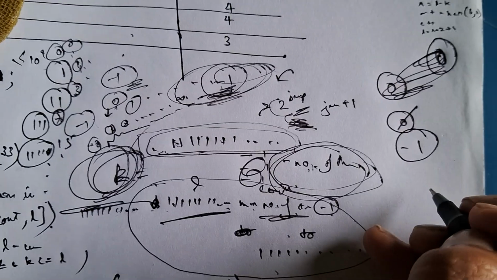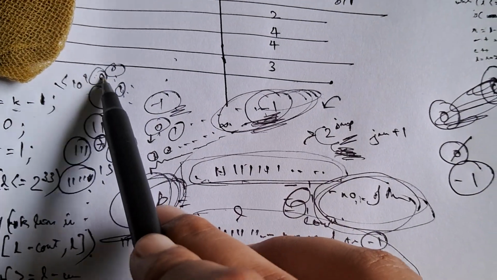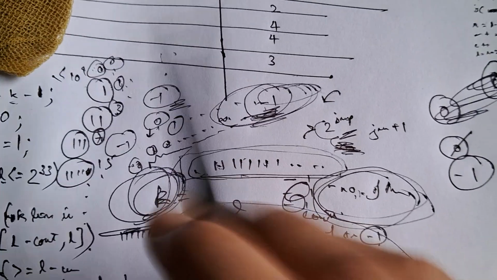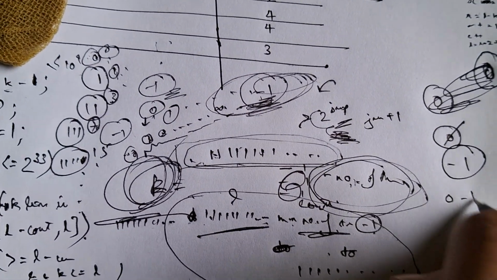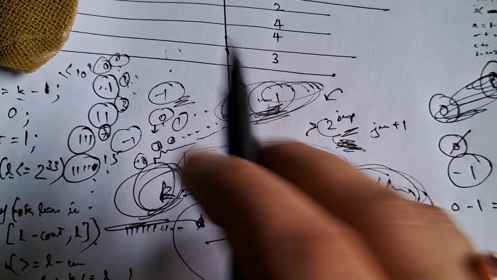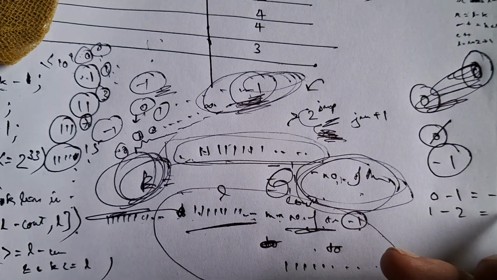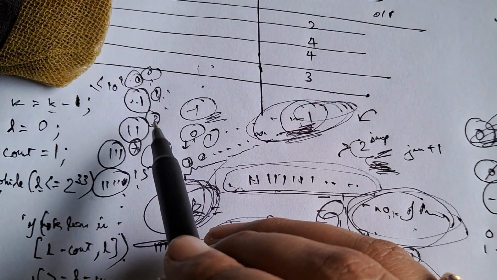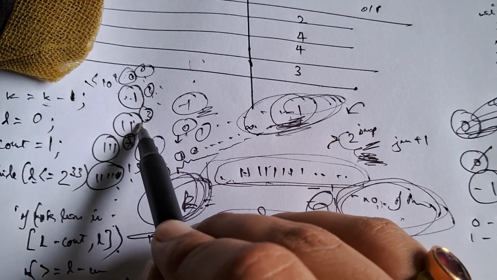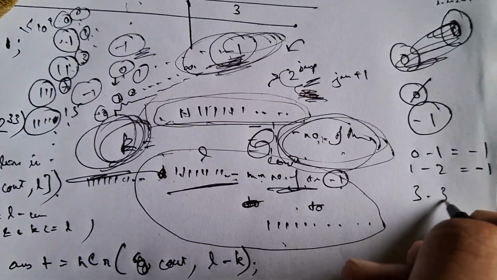Now we can find an operation on 0 and minus 1: 0 minus 1 is minus 1. We take 1, and since the maximum number of operations is going to be 2, 1 minus 2 is minus 1 also. And for 3, we can go for 2 and 3 maximum, that is 3 minus 3 is 0.